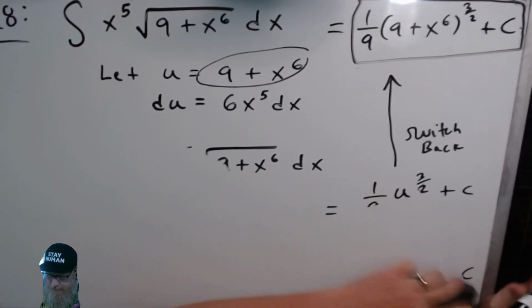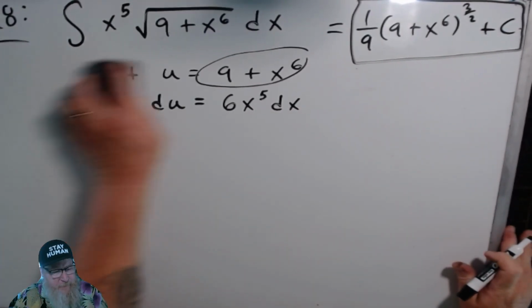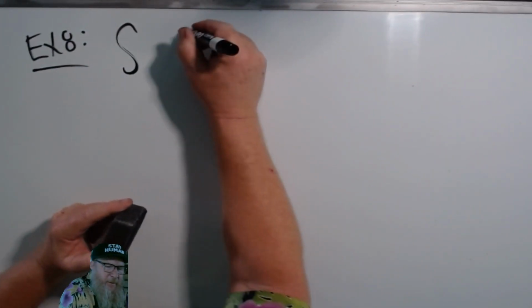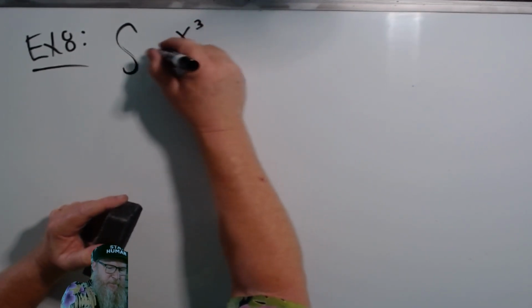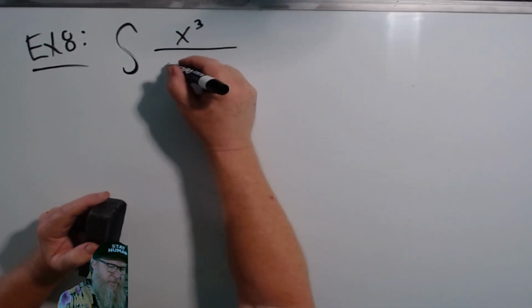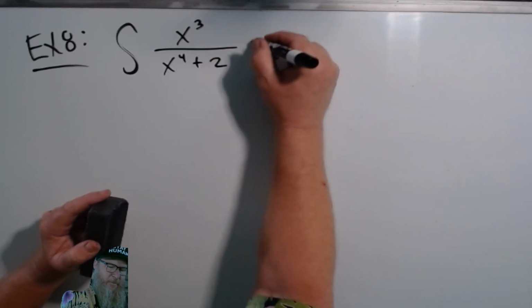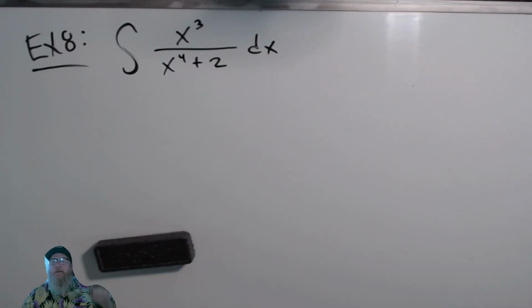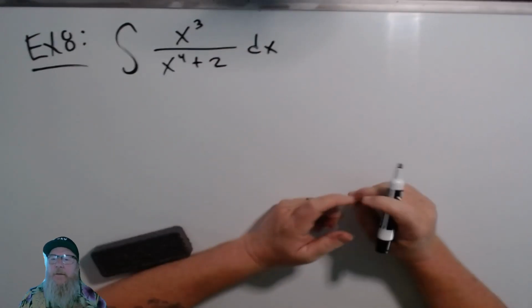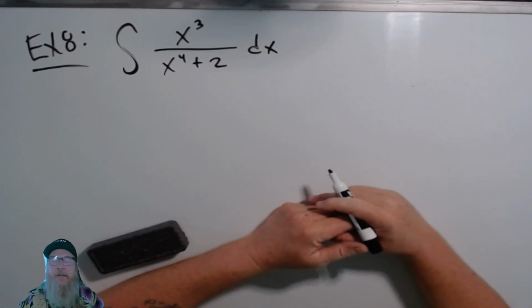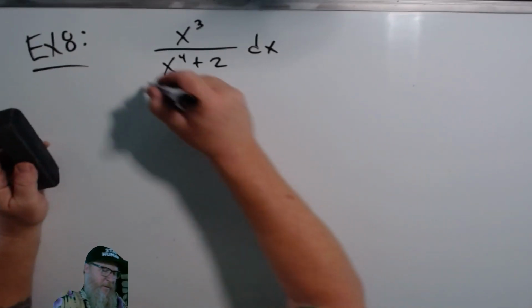So just kind of going through them one at a time. Normally at this time I would stop and give you a practice problem. I would take a break and say, all right, take 5 minutes and see if you can do this one on your own.